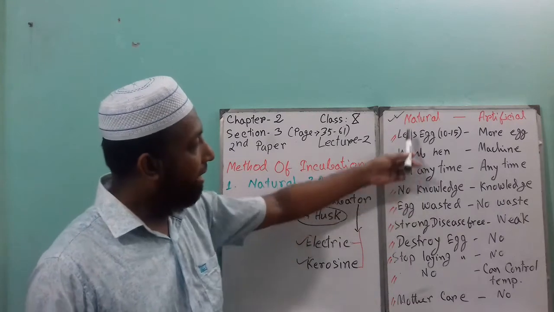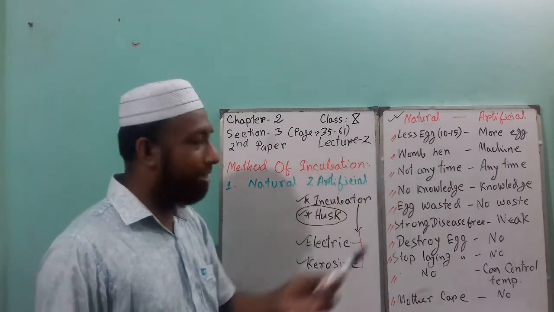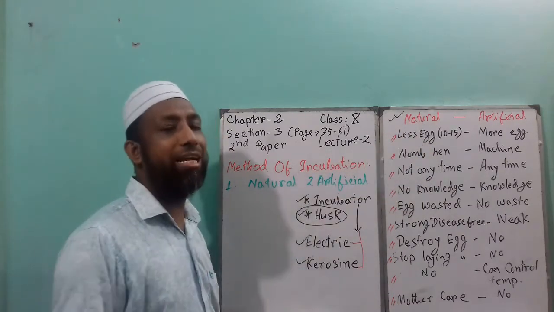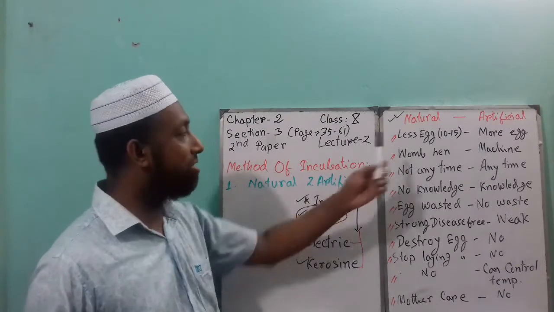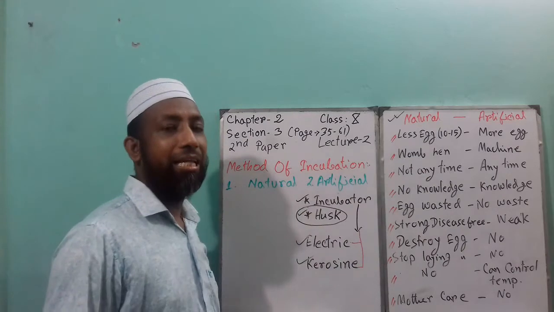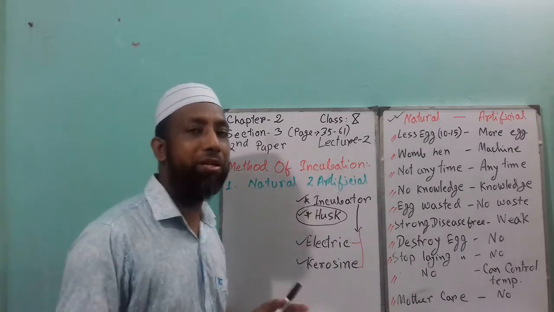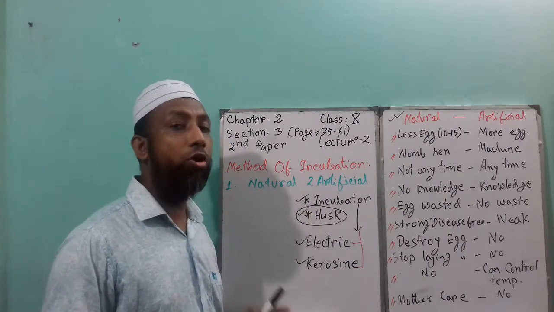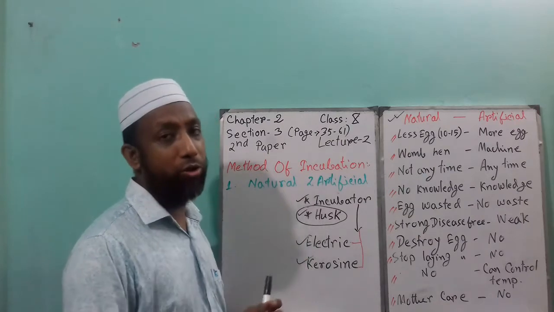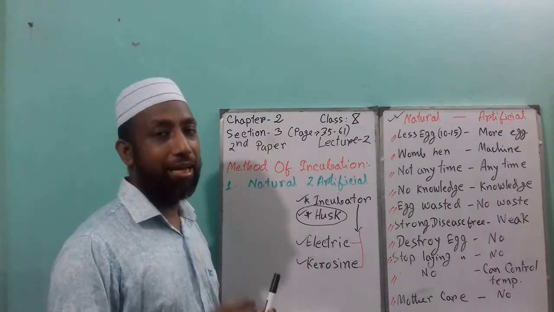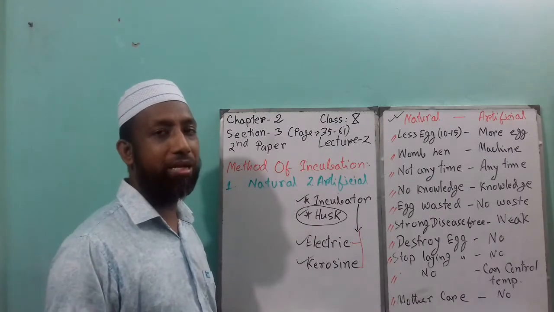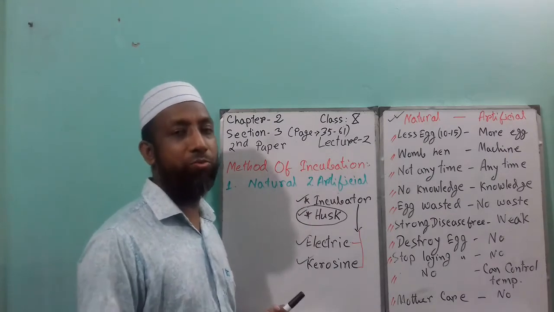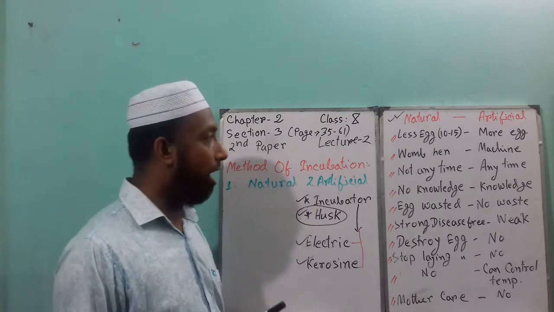The next point: in the natural method, you definitely need the chicken or hen. If the hen is not on the eggs, no temperature will be produced in the eggs. When the hen is on top of the eggs, the incubation or hatching is going on.